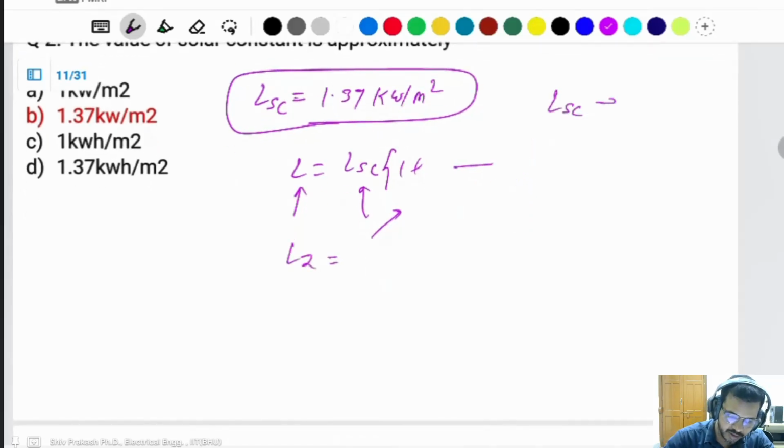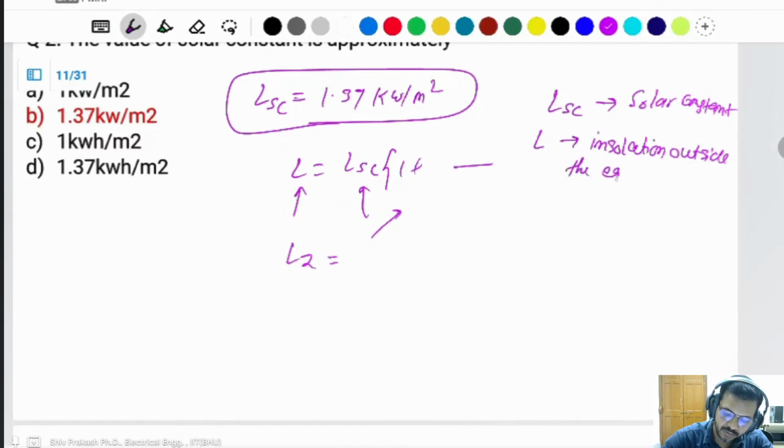LSC is the solar constant. L is the insolation outside the Earth atmosphere.